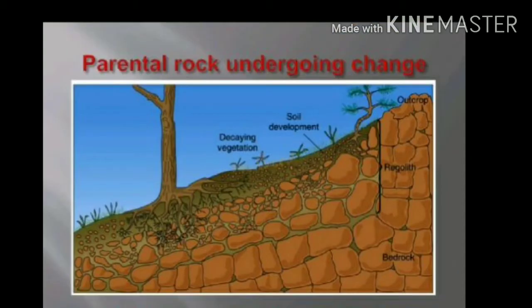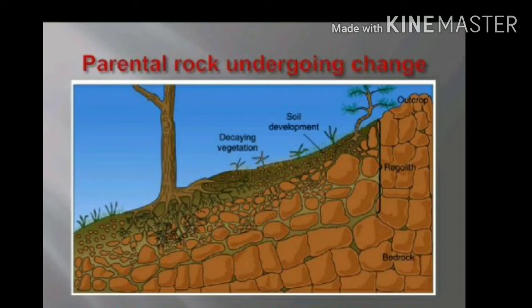Now just observe the parental rock undergoing changes. Here you are able to see the big rocks at the lower layer. When they start to break down, they start to convert into soil.